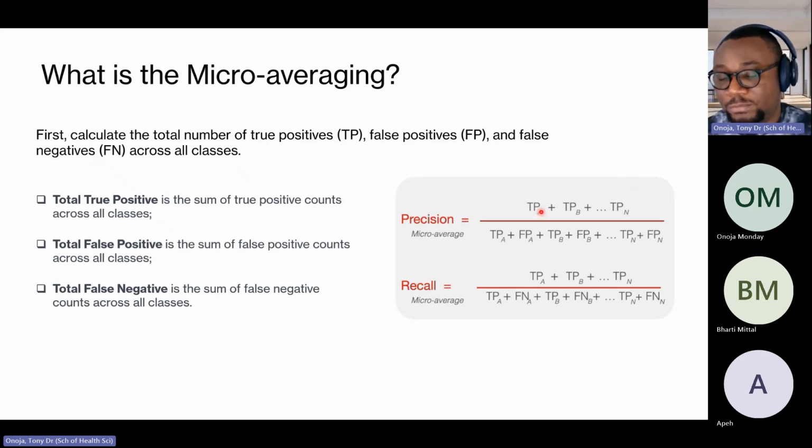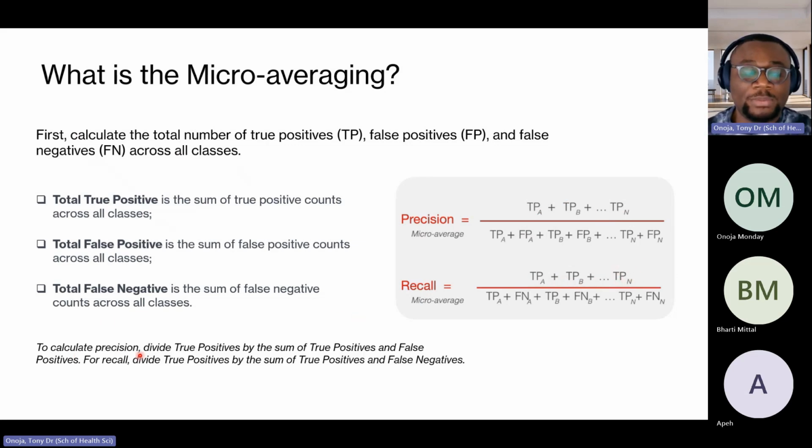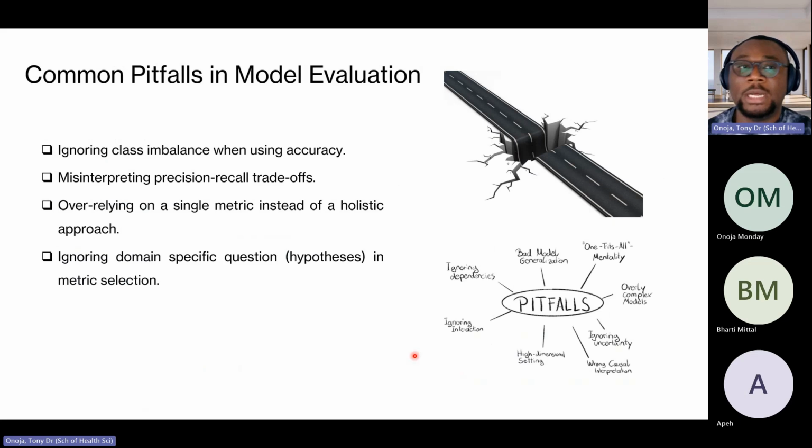So the true positives for A, for B, for C down to N, it adds across. The same thing you do for the recall: you get the TPA plus the TPB and all that, and then you average everything. So to calculate the precision, you divide the true positive by the sum of the true positives and the false positives. For recall, you divide the true positive by the sum of the true positives and the false negatives. So that's how you do that.